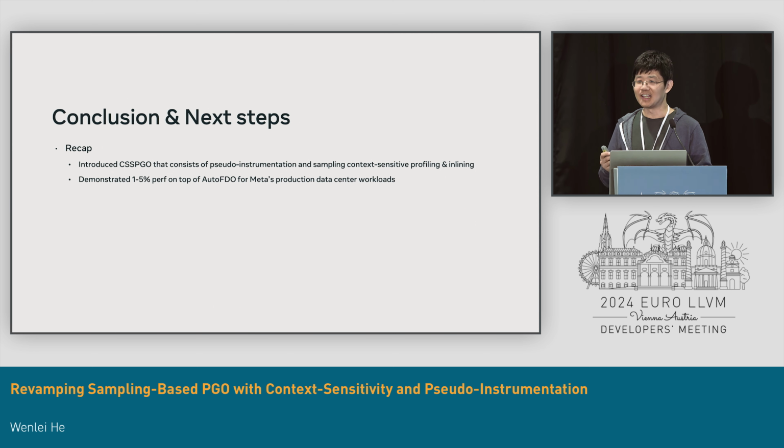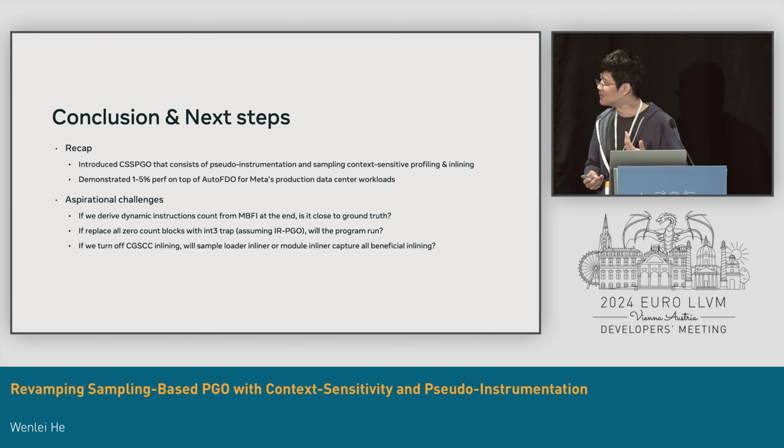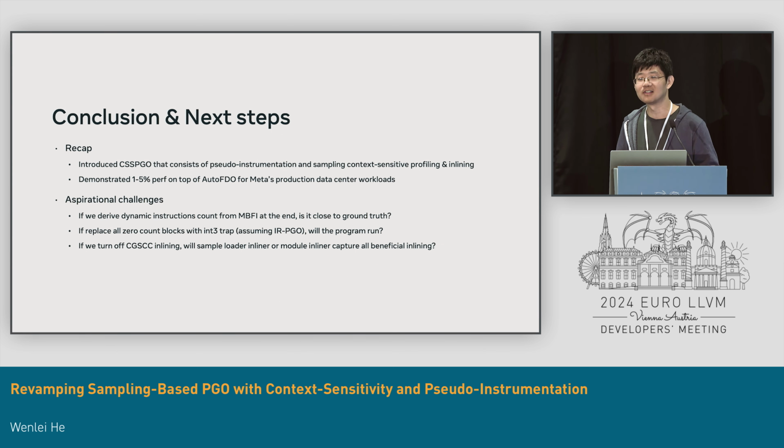But there's a gap between this bolt-on piece and the need for it. So I think we at Meta, together with the community, are trying to turn this bolt-on piece into a first-class citizen in a compiler, in this case in LLVM. We have some thoughts on the aspirational challenges.